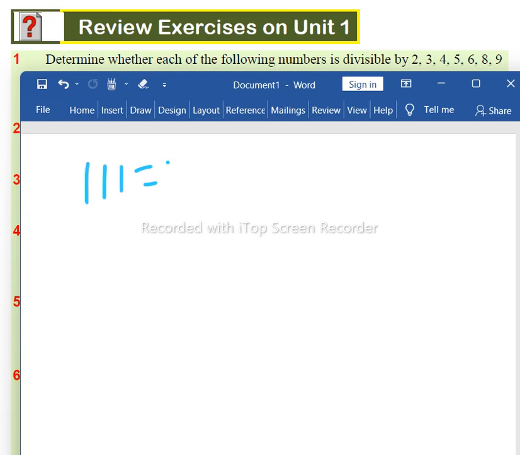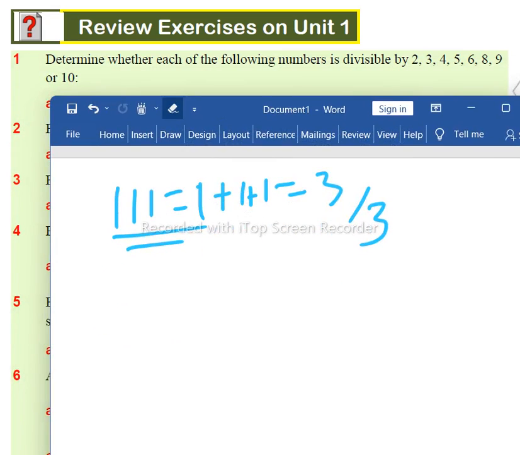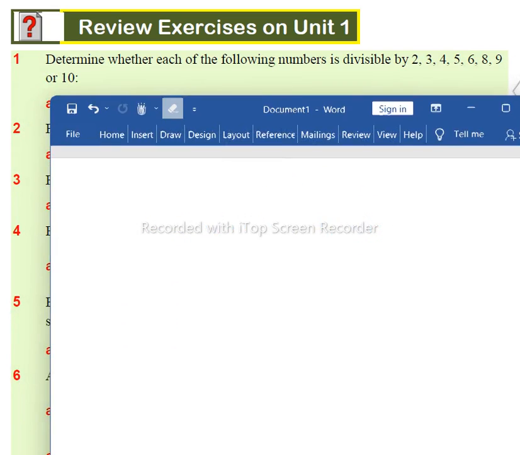For 3 it is divisible, because let us add the digits of this number: 1 plus 1 plus 1 is 3. 3 is divisible by 3, so this number is divisible by 3. Other than 3, none of the others divide this number. So we move to question number 2. This is all about question number 1.